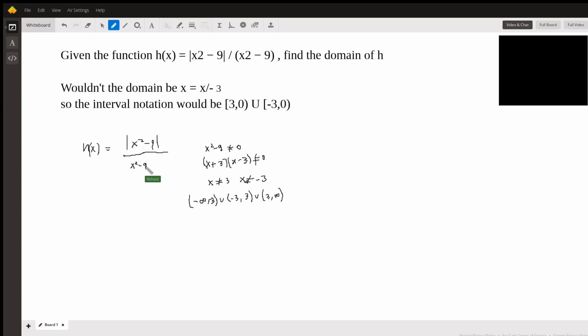And so you want to ask yourself, where is the denominator negative? x squared minus 9 less than 0. Where is that happening? Well, it's happening when x is between 3 and negative 3.